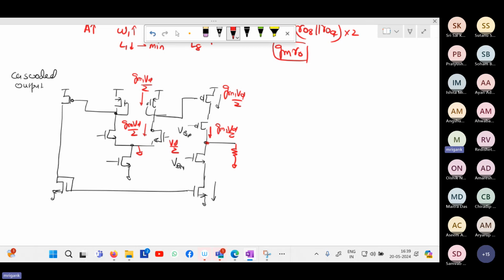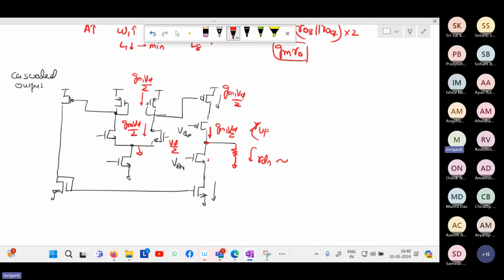But now at this node, if I talk about the net small signal resistance, what is that net small signal resistance? What is R down? What is R up? So they are of the order of gm ro square. If I call this, I don't know what the number was, this was M9 and this was M8.